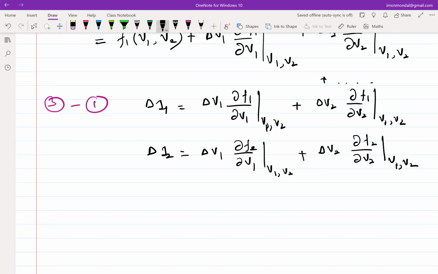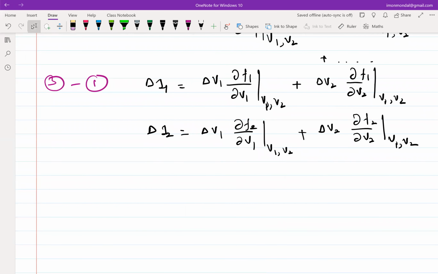So now, if I look at these equations, even going forward, since we are comfortable with replacing deltas with small letters, the notation that we are using: if I say del I1, I can replace this del I1 with small i subscript 1, and similarly del V1 can be replaced with small v subscript 1.